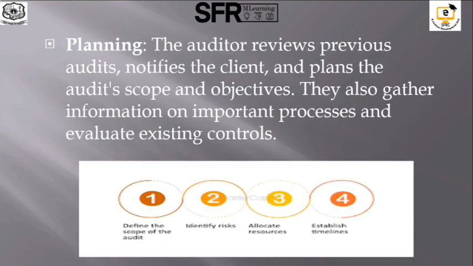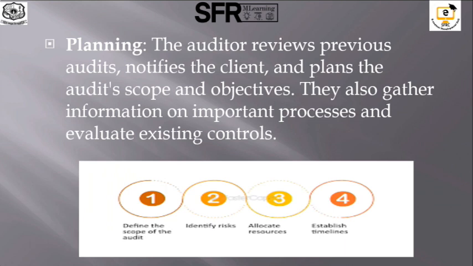The auditor reviews the previous year audits, notifies the client on the audit objections identified, and plans the audit scope and objectives. They also gather information on important audit processes and evaluate the existing controls.